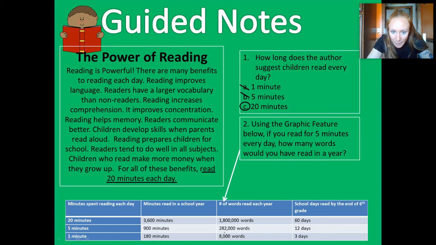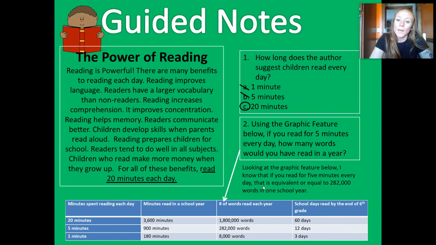So here's my answer. Now it's an extended response. I'm going to restate the question. Looking at the graphic featured below, I know that if I read for 5 minutes every day, that is equivalent or equal to 282,000 words in one school year. That's a lot of words.